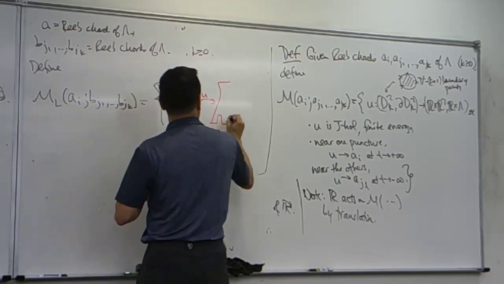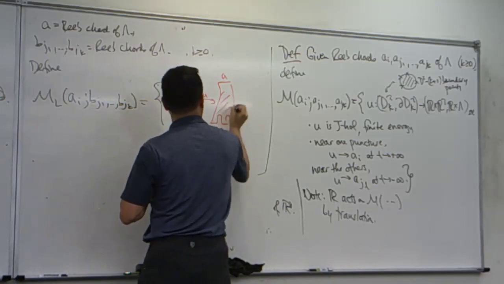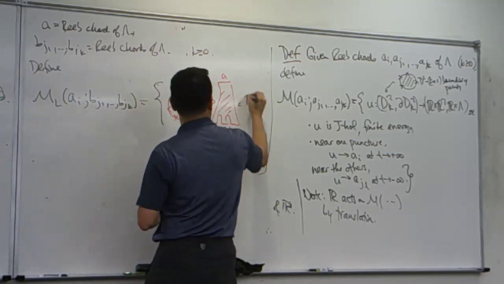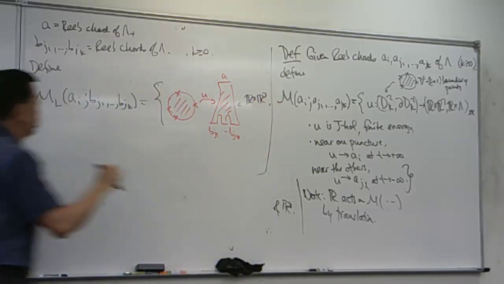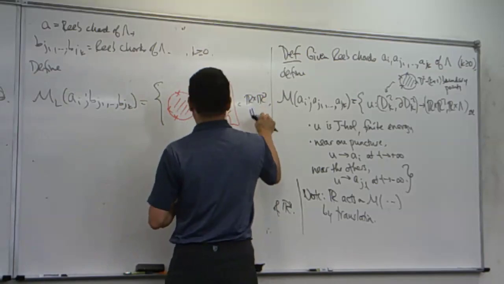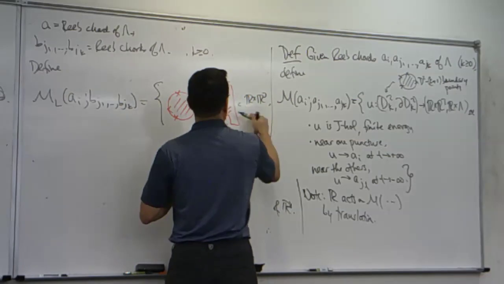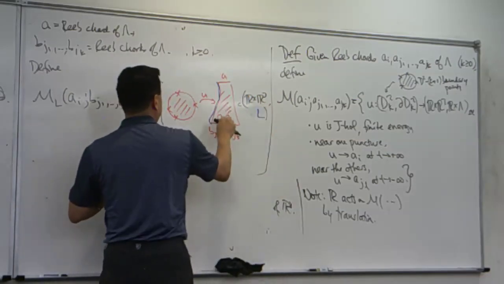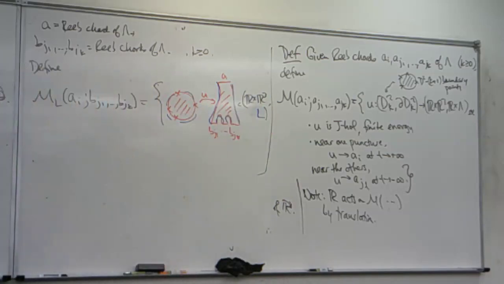But this now sits inside of R cross R^3 with Lagrangian boundary condition. So the boundary parts here are supposed to map to L. It's very similar to this picture that we did before.